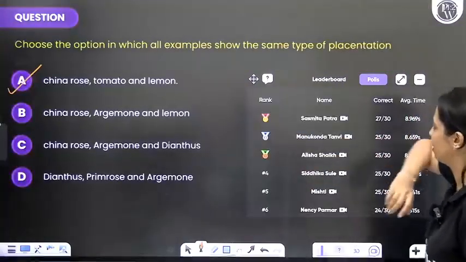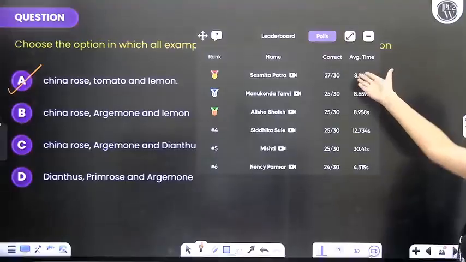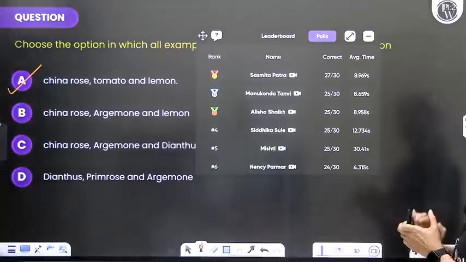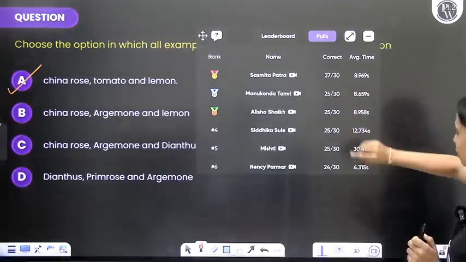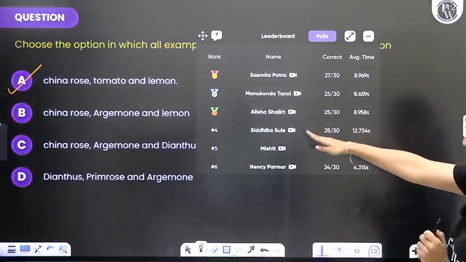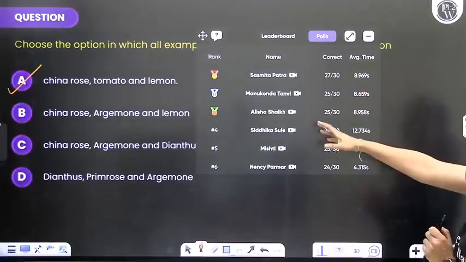Let's take a look at our leaderboard. We have Sashmita, who's answered 27 out of 30 questions correctly. Congratulations, Sashmita. And then we have Tanvi, who's answered 25. Four of them have answered 25 questions out of 30 correctly: Tanvi, Alisha, Siddhika. Siddhika is also a consistently good performer.